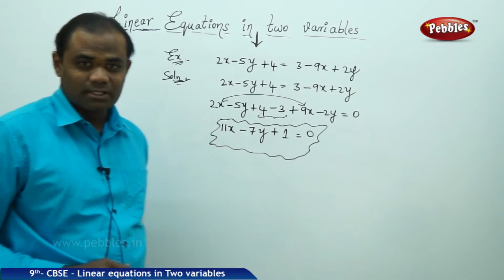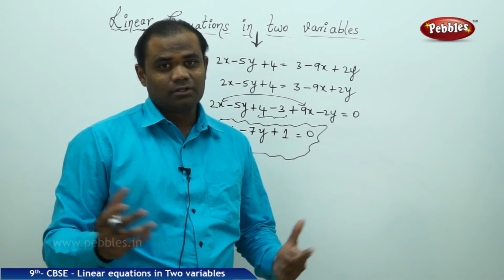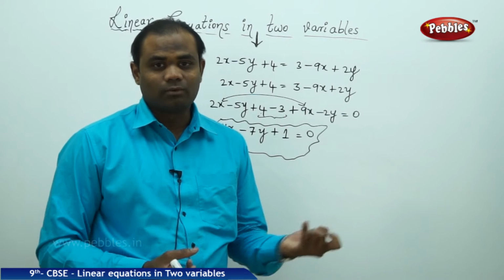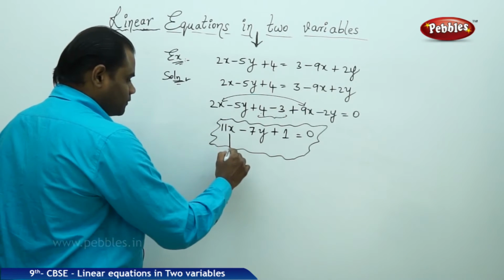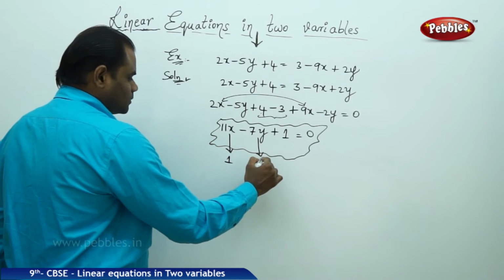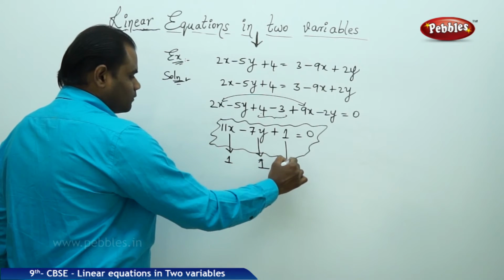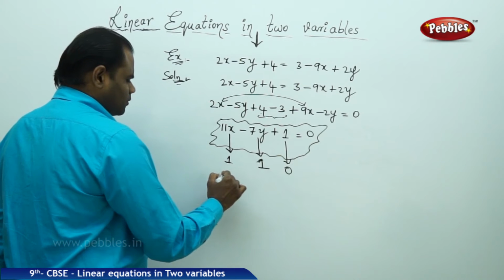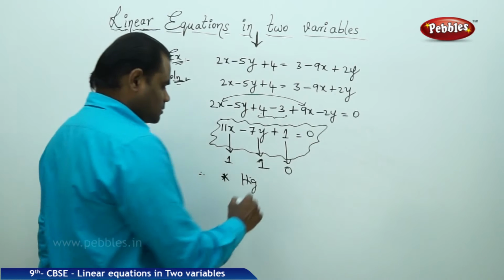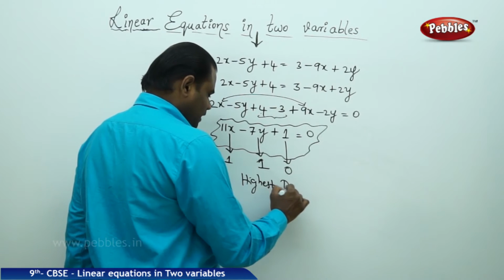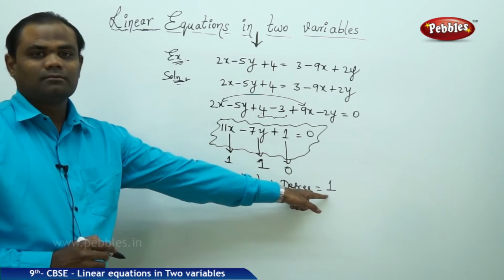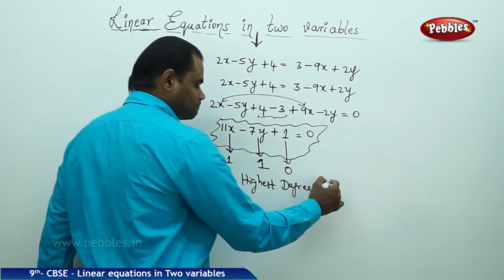So let's see if this is a linear equation in two variables x and y, to be followed with the three rules. Rule 1, the degree of first term is 1, the degree of the second term is also 1, the degree of this is 0, therefore my rule 1 is highest degree out of all these is 1, therefore it's linear.